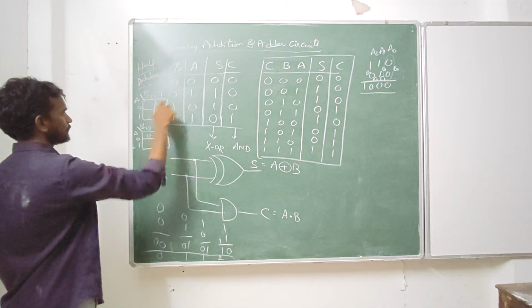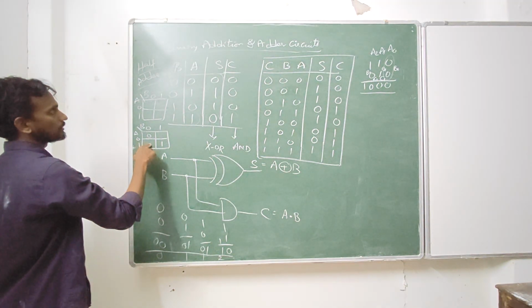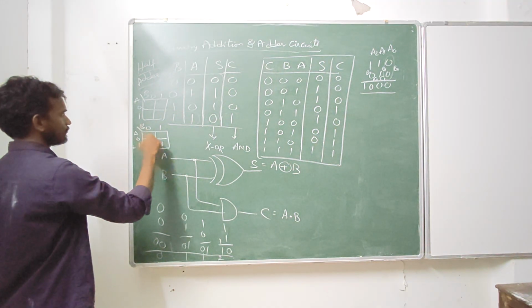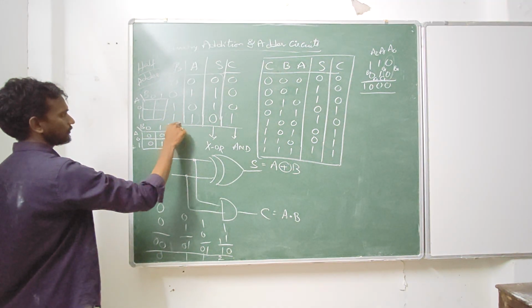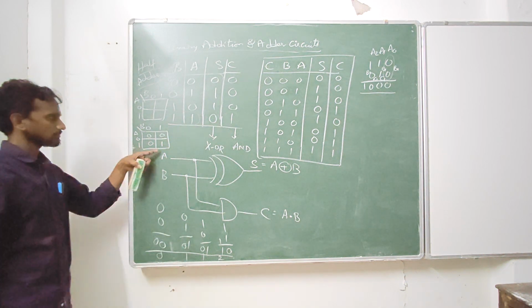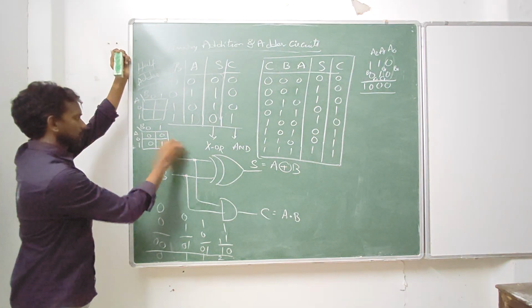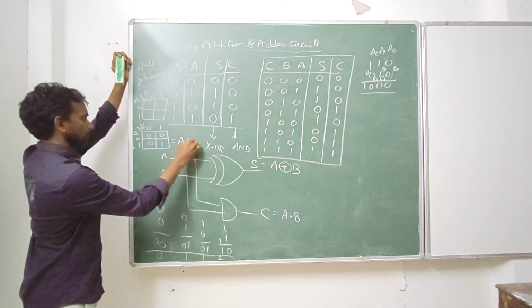For A1 and B0, your result is 0. For A0 and B1, your result is 0, and for A1 B1, result is 1. So this is A dot B.